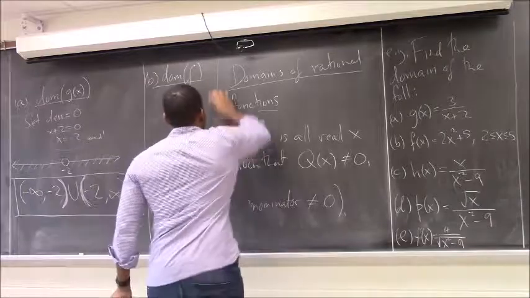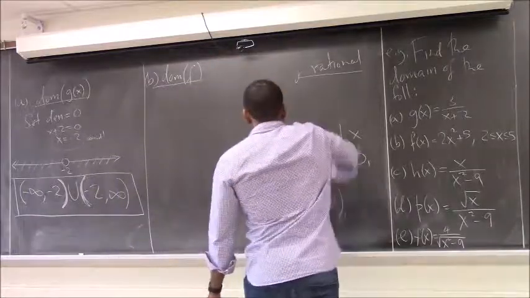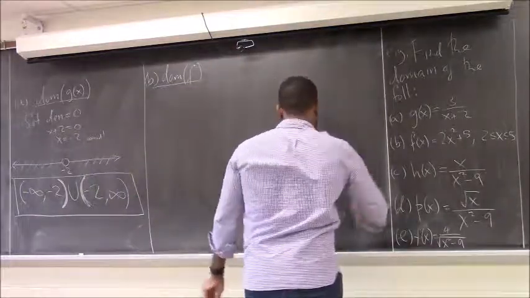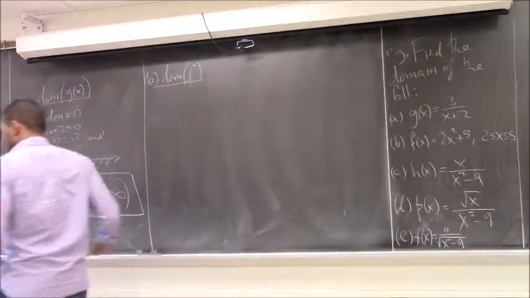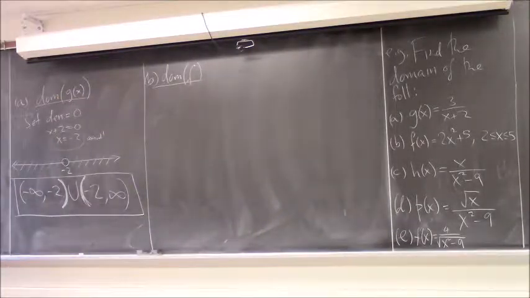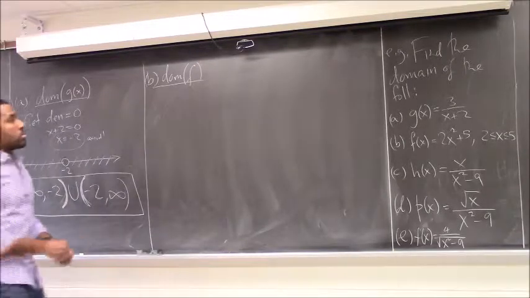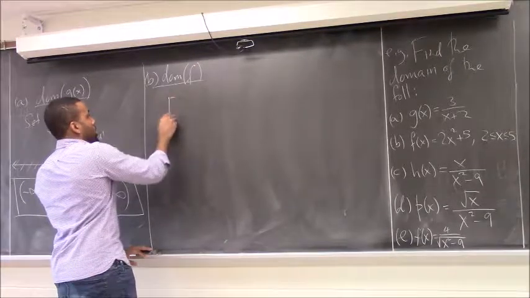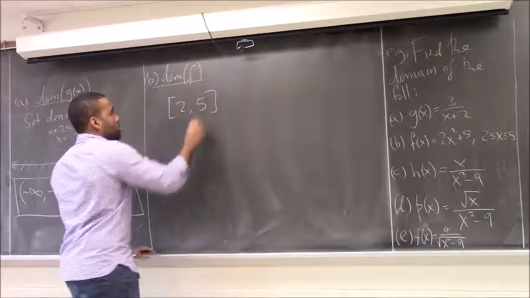Okay, what's the domain of that? Is it just brackets 2, 5? Yes, the domain here is 2 to 5, included.